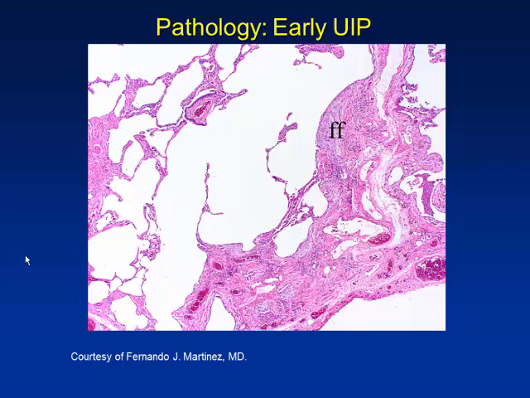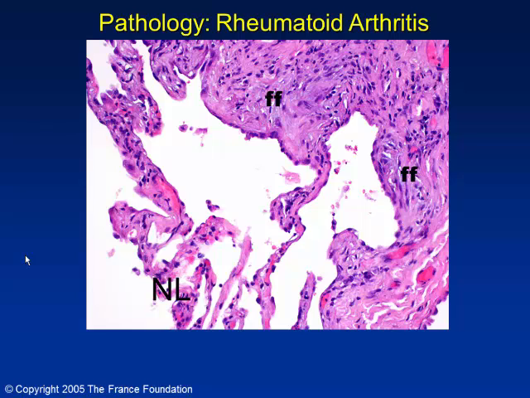This is a UIP where you have a fibroblastic focus here, which is theoretically the leading edge of that fibrosis-making machine, leaving behind the scarring without any inflammation, and then there's normal tissue over here. And this is rheumatoid arthritis. There's a little more inflammation, but that's a fibroblastic focus.